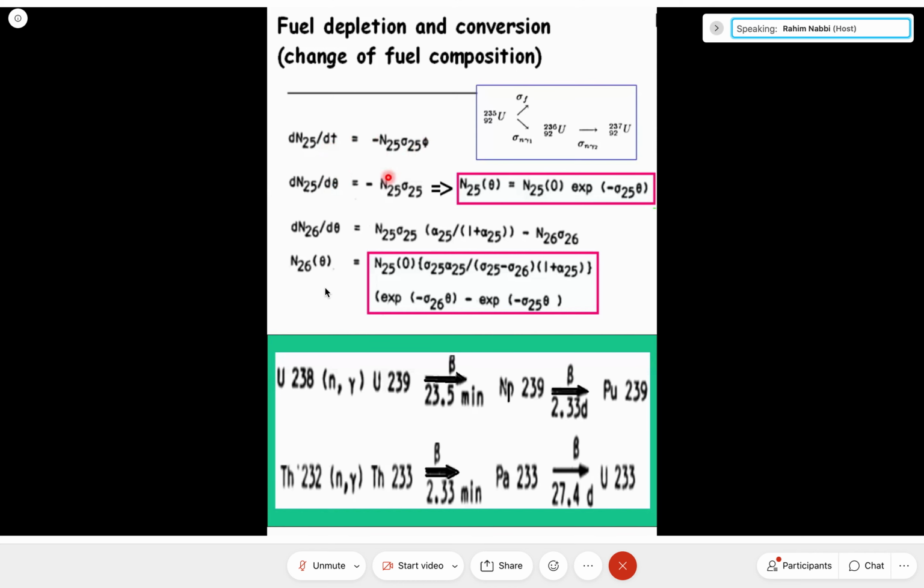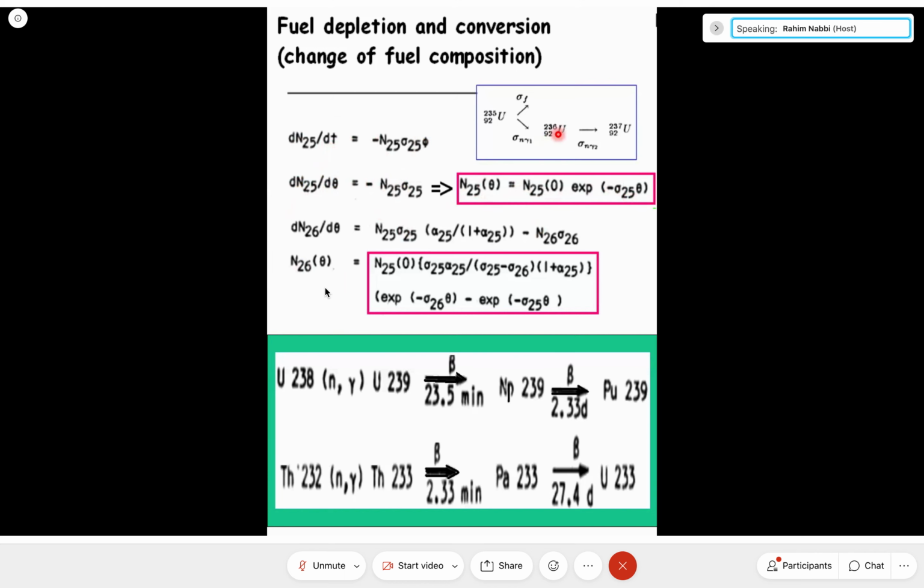And then this equation gets this shape, and you see here it is very simply solvable. The solution is an exponential function. Don't forget here again, sigma 25 is the capture cross-section, fission plus absorption. And so now the question arises, what about the nuclide uranium-236 here?